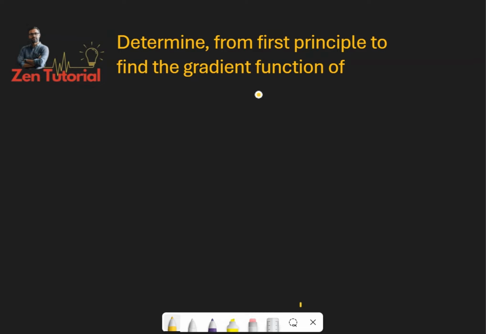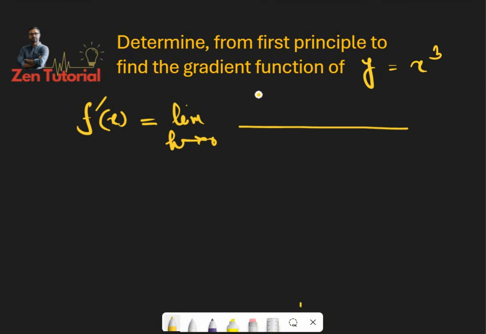Another practice case, let's say the function y equals x cubed. Now by using the first principle, we could write down the first order differentiation, f dash of x, is equal to limit h tends to 0, 1 by h, and f of x plus h minus f of x.